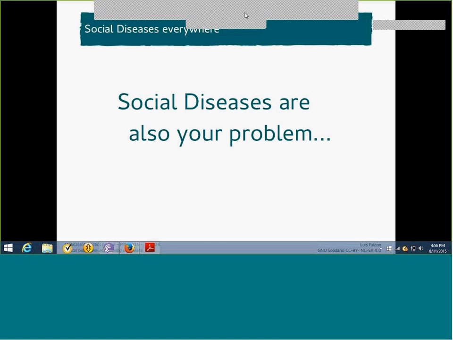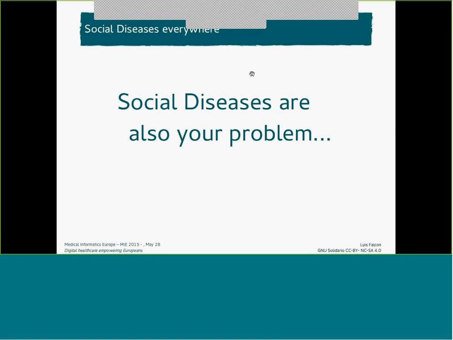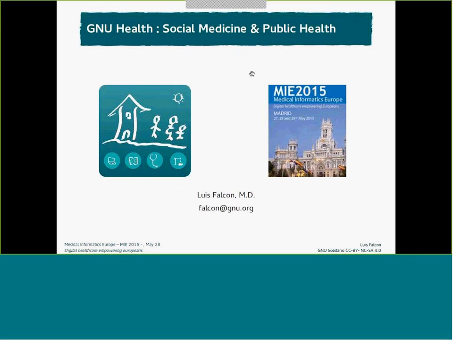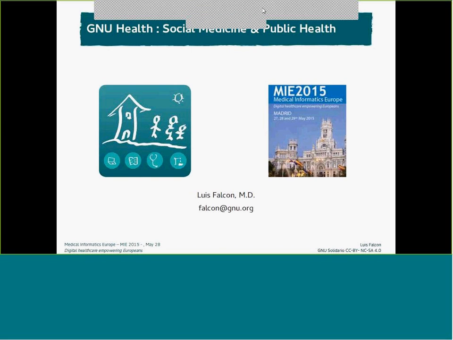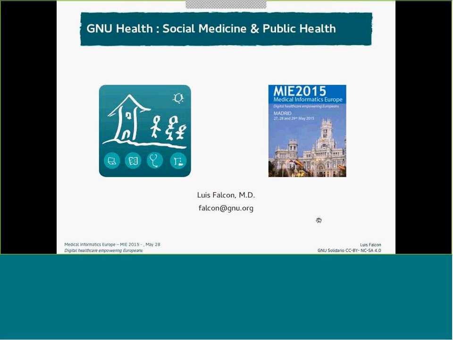At the very beginning of the presentation, the one that we did in Madrid a couple of months ago, the first slide just tells you a bit about our organization, GNU Solidario. Our goal is to deliver health and education with free software. When we talk about free software, we are talking about freedom.